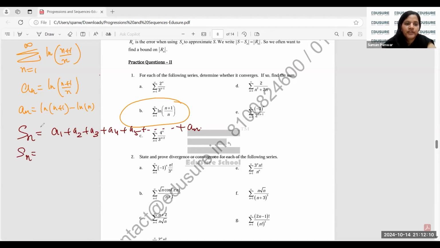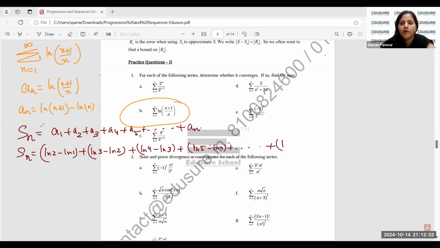So when I put n equals to 1, I'll get log 2 minus log 1. If I put n equals to 2, I'll get log 3 minus log 2. Then I'll get log 4 minus log 3, plus log 5 minus log 4, and so on. And the last term would be log (n plus 1) minus log n.